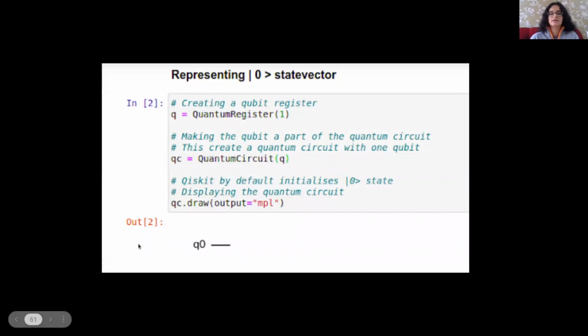So over here, we have heard a lot about Ket 0 till now, and we will be looking at how to represent it. So QuantumRegister is a function that allows us to store a qubit or register its value. And over here, one means that we're talking about just one qubit, and we've assigned it to a variable.